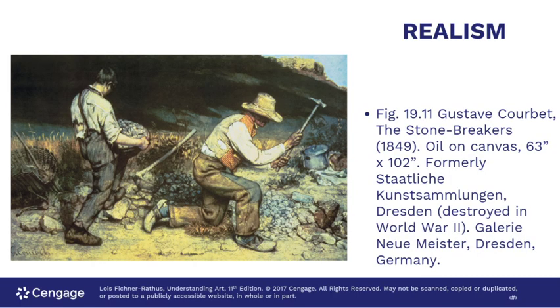So the subject matter was criticized, and also just the style in which he painted. It's not this glossy finish of the academic painting. It's a lot of muted tones, a lot of earth tones, as it probably would have been in real life had we seen these people on the side of the road breaking stones.